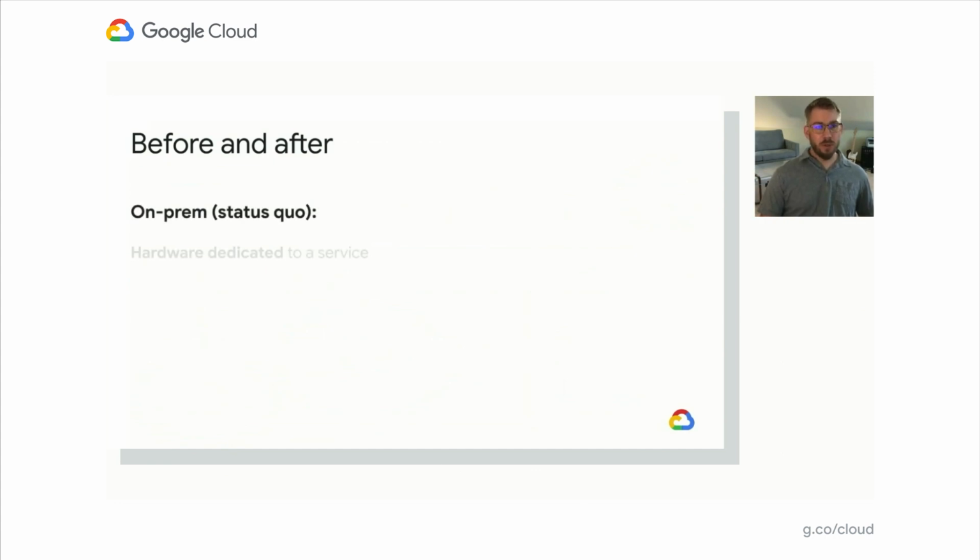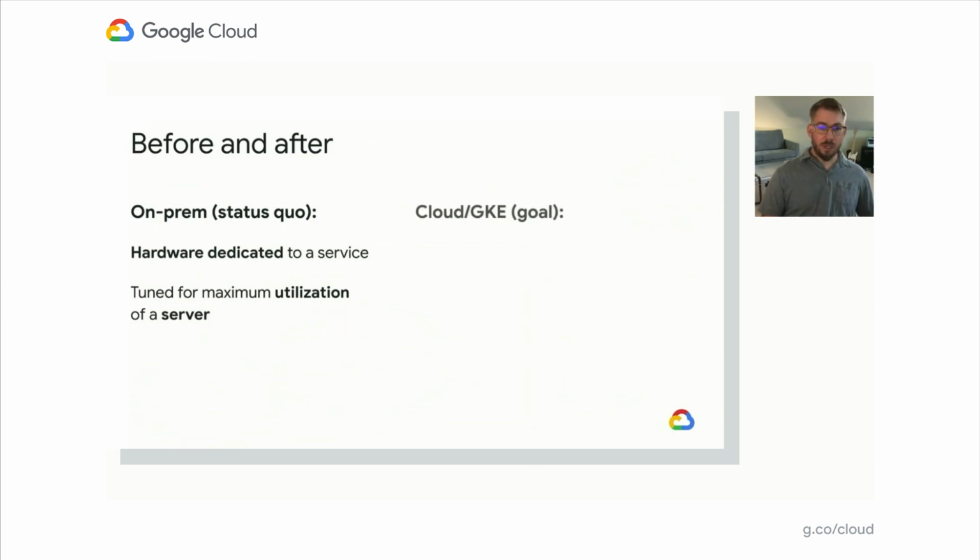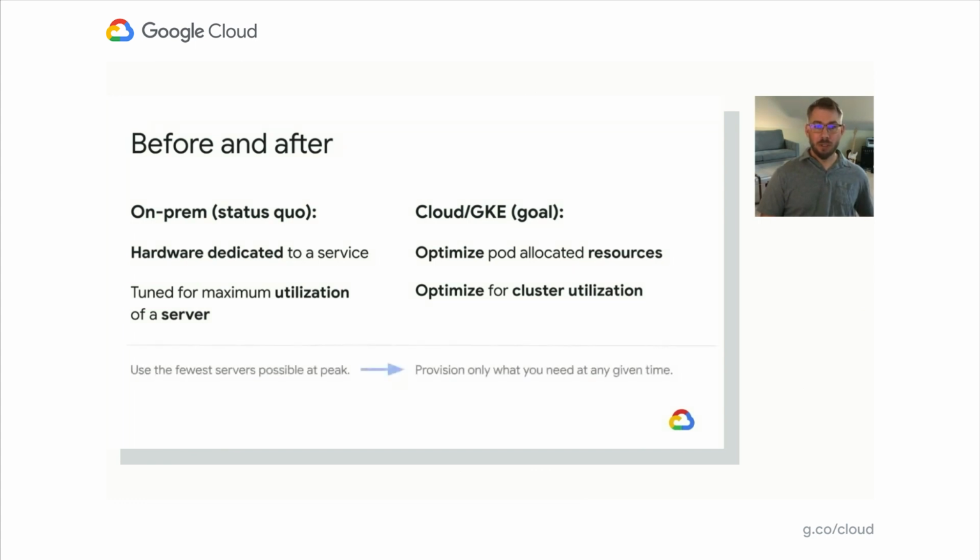A few other differences worth noting. On-prem hardware is dedicated to a service. As a result, that service was tuned for maximum utilization of that server. Whereas in the cloud, you're optimizing your pod for the resources that you've allocated to it, and then you're optimizing your cluster for overall utilization.